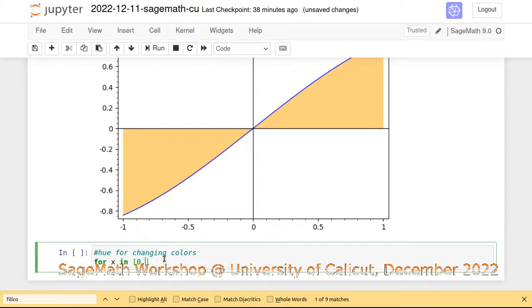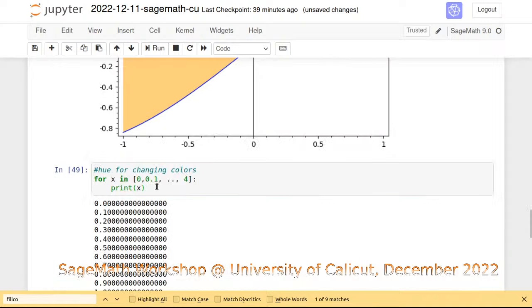Let us see 0, 0.1. If the 0 point decimal thing is not accepted, we will try to do something else. To 4. Let us see if it's working first of all. If this 0.1 is, yes, it's working definitely. So next is, let us try to plot a rectangle.